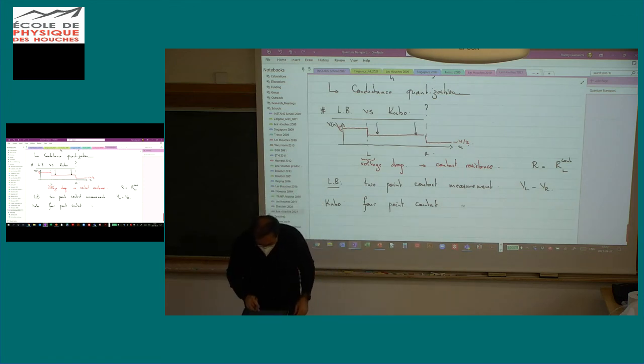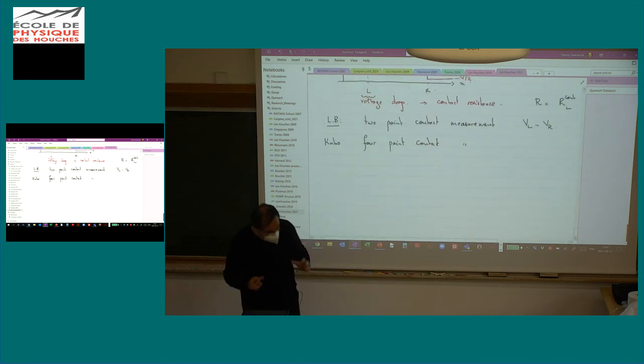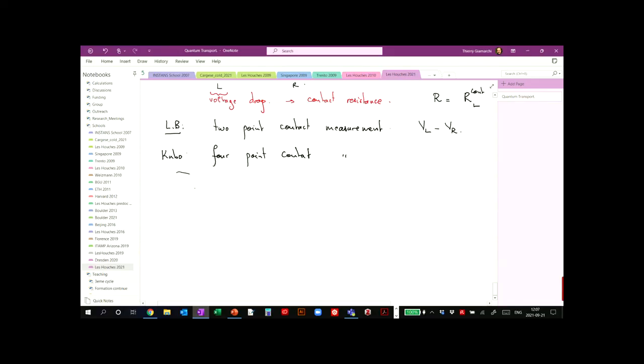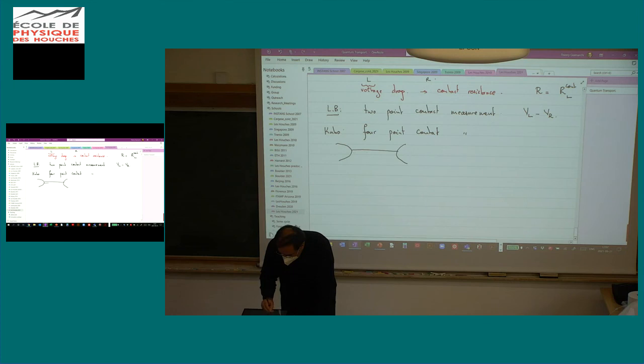Yes. So there are two ways you can do a measurement of the conductivity. You can say, I have my reservoir here, and I have my system. Now, in the reservoir, you can measure the voltage here, V left, V right, and of course, you know how much current is passing through the system.